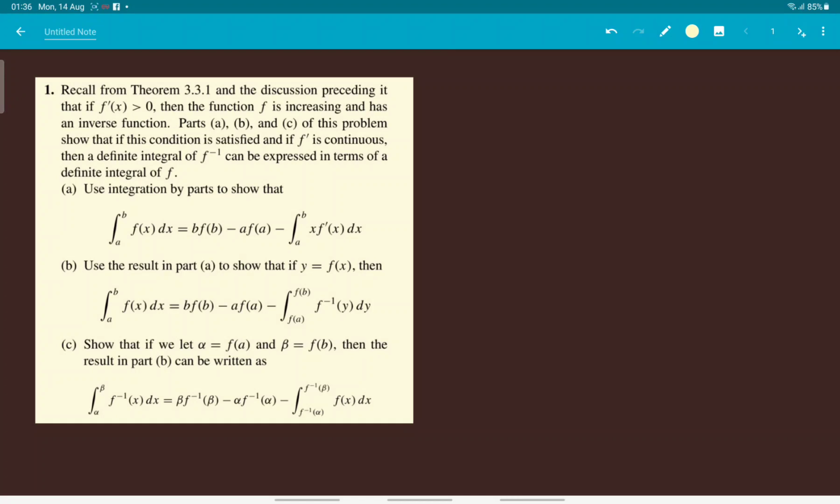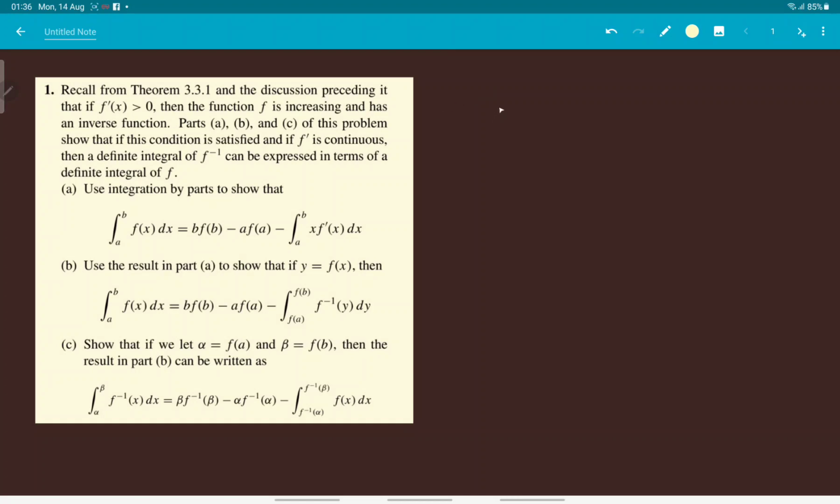First of all, we will let u equal to f(x), and now we will let dv equal to dx, since we will use integration by parts.